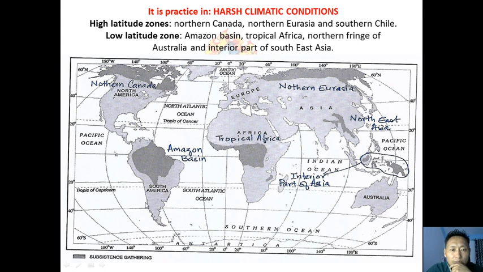Next, regions with low latitude zones, very close to the equator, such as the Amazon Basin, tropical Africa, the northern fringe zone of Australia, the interior part of Asia, and northeastern Asia or the northeastern part of India. This map shows those regions where a certain section of people are still engaged in primary activities, in high latitude zones and low latitude zones.